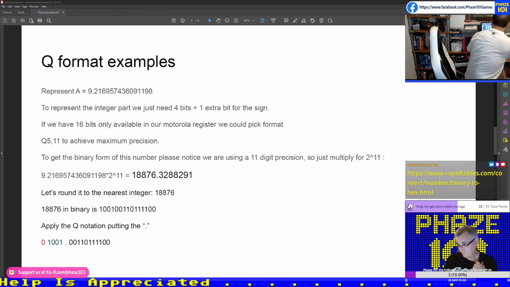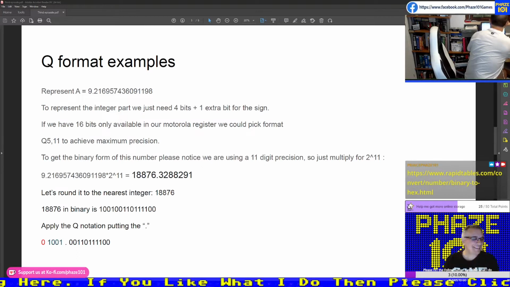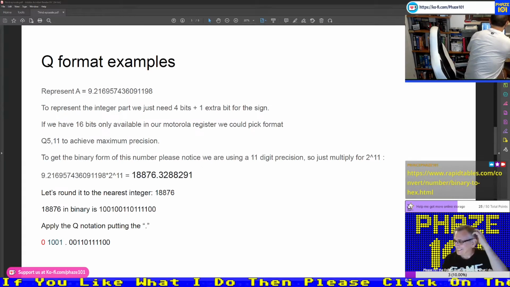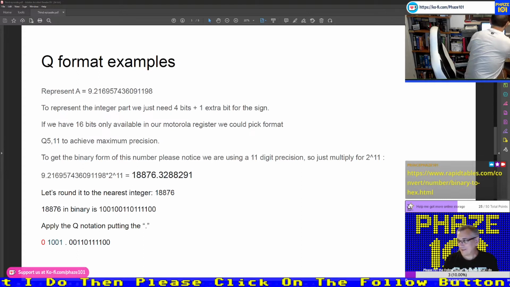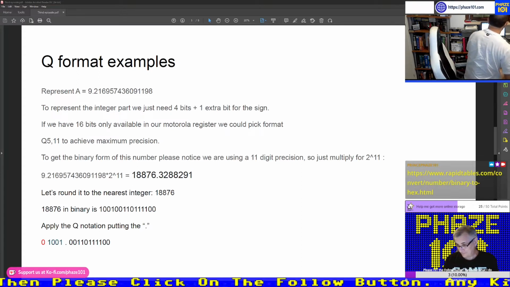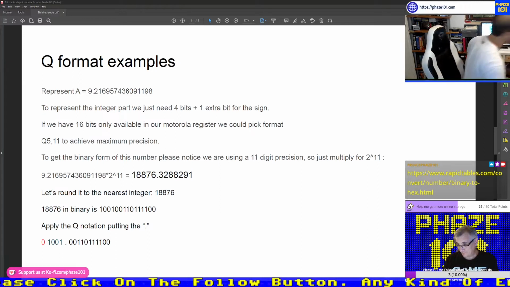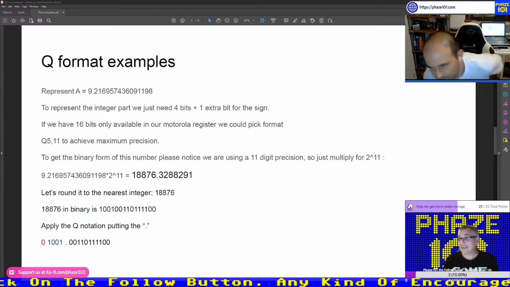Okay. Let me check. The file is third episode.zip. I will send you all this stuff in Telegram. It's 5 megabytes of stuff. Okay, you received it. I'll start again from the beginning.